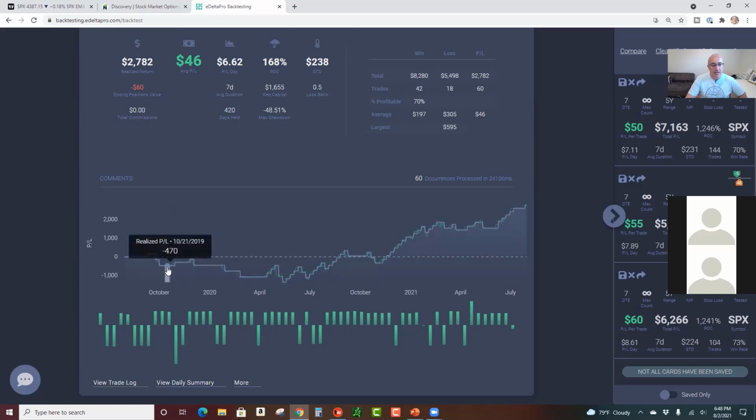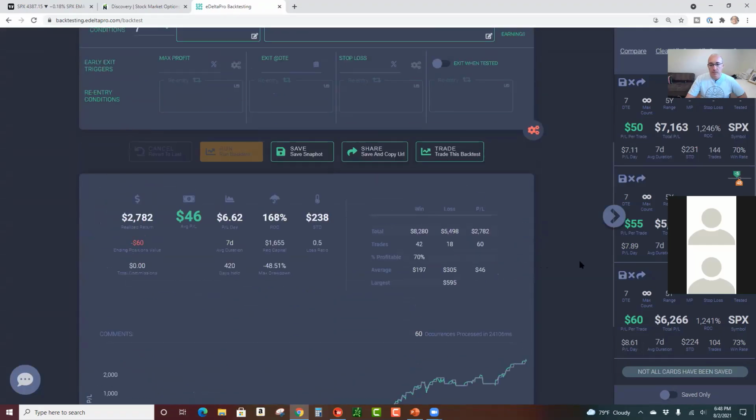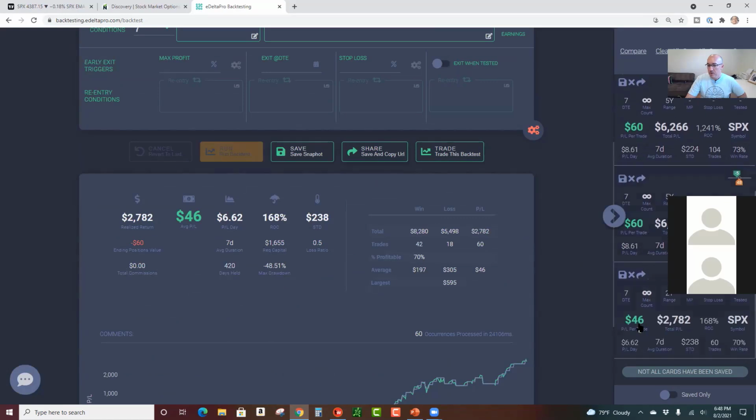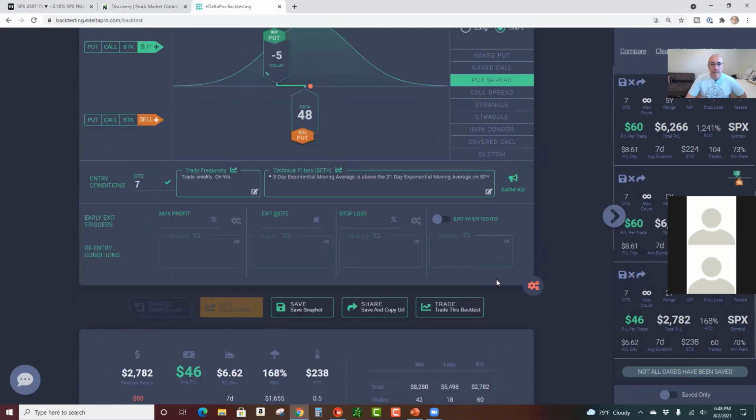During the COVID crash, the 3 EMA was below, so it might not trade for a few weeks, and then you get back in. So that's why you have these flat lines, and ultimately this is what it looks like over the past 2 years. It made a little bit less money per trade over the last 2 years. It's still at about a 70% win rate.